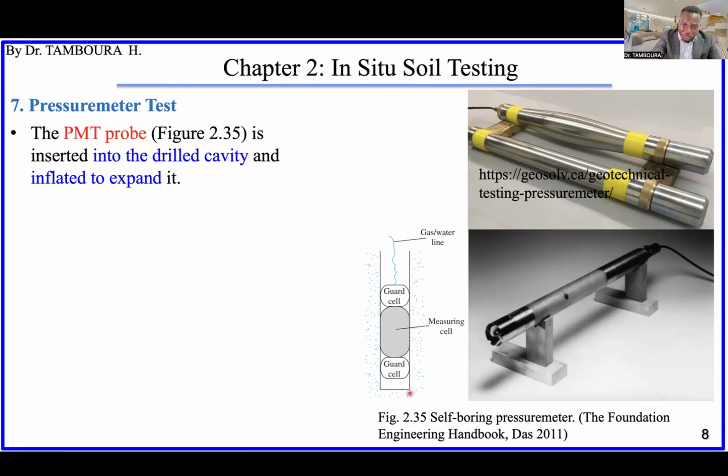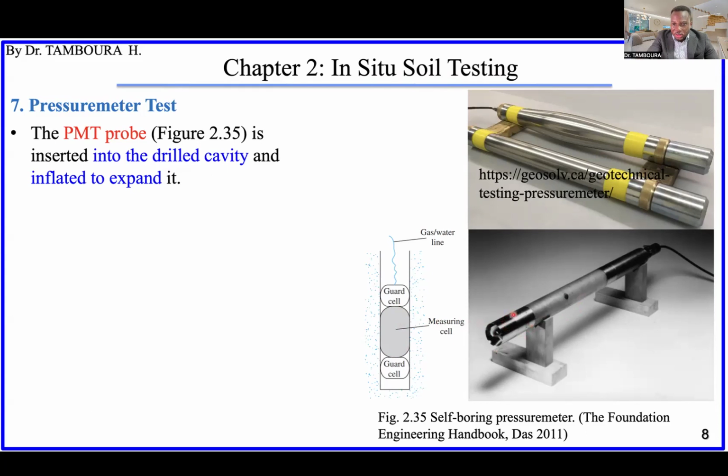The borehole is like this. Sometimes you need casing because with some soil you cannot dig a hole too deep without the soil collapsing inside it. So you need something to support this. But of course, you cannot put anything where you want to perform the test, because there must be direct contact between the probe and the soil.